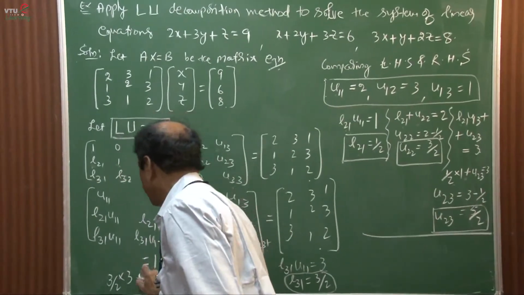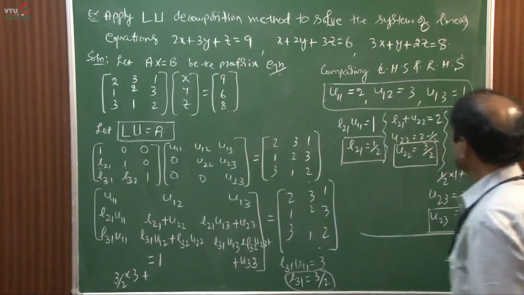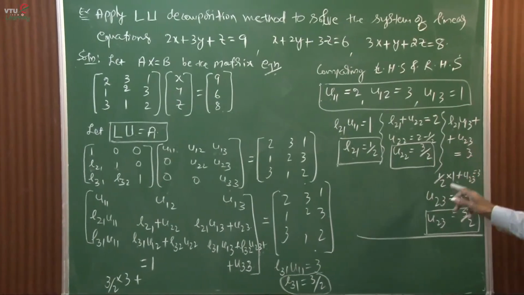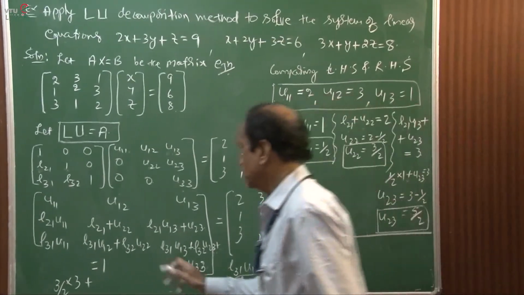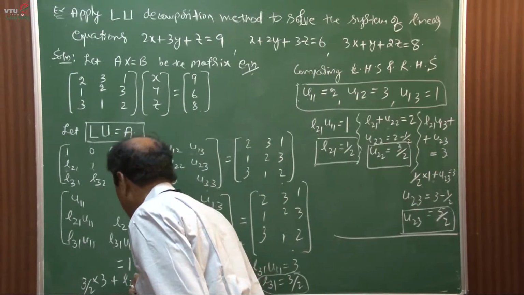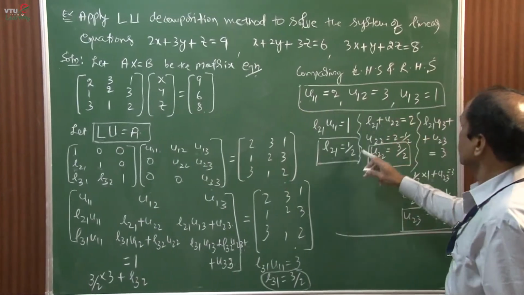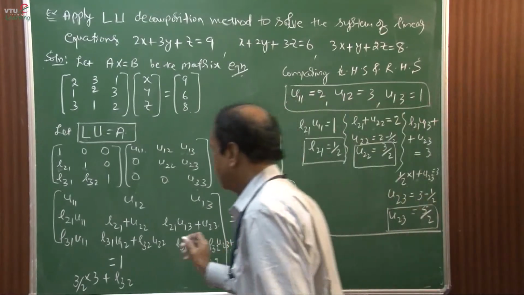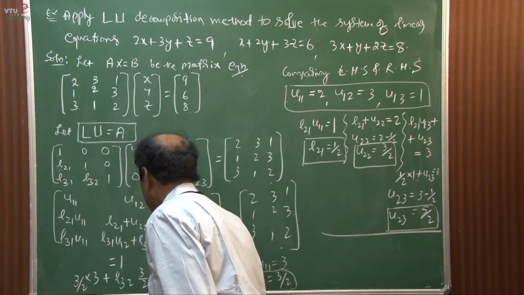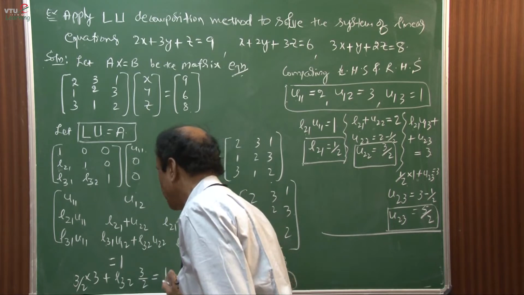and plus L32, which we still have to work out, and U22 is already calculated, U22 is 3 by 2, and this is equal to 1.